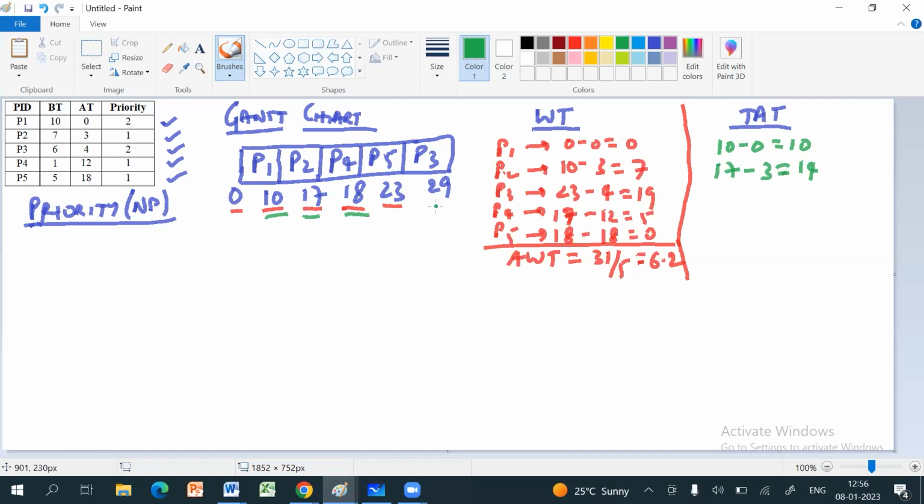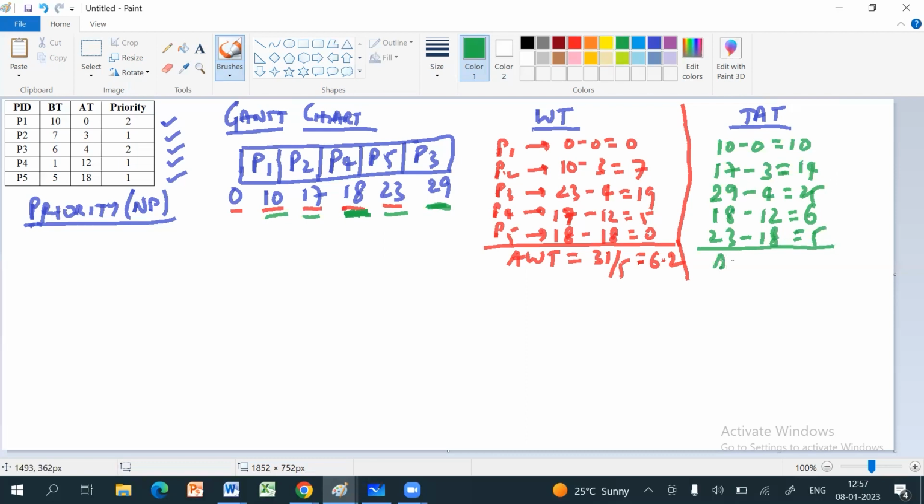P3 completed at 29, so 29 minus its arrival time 4, which is 25. And then P4 completed at 18, so 18 minus the arrival time 12, which is 6. And lastly, P5 completed at 23, so 23 minus its arrival time 18, which is 5.